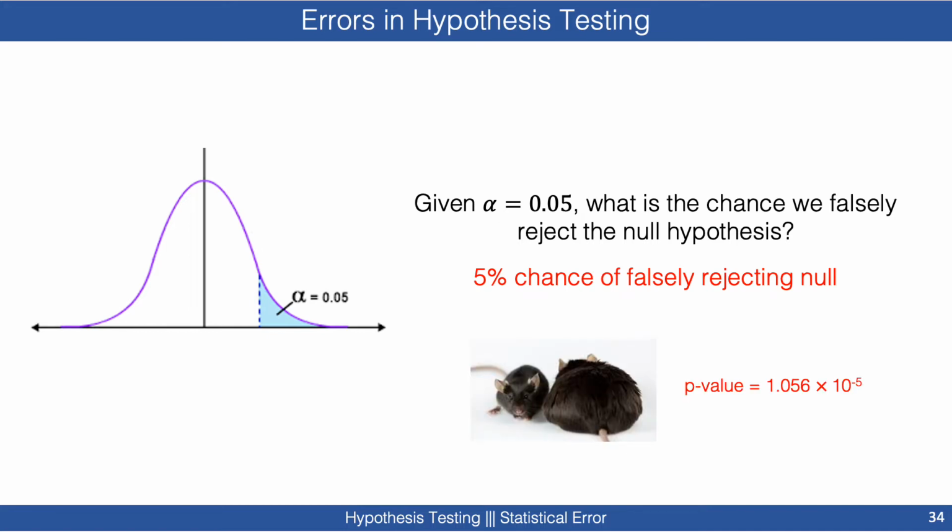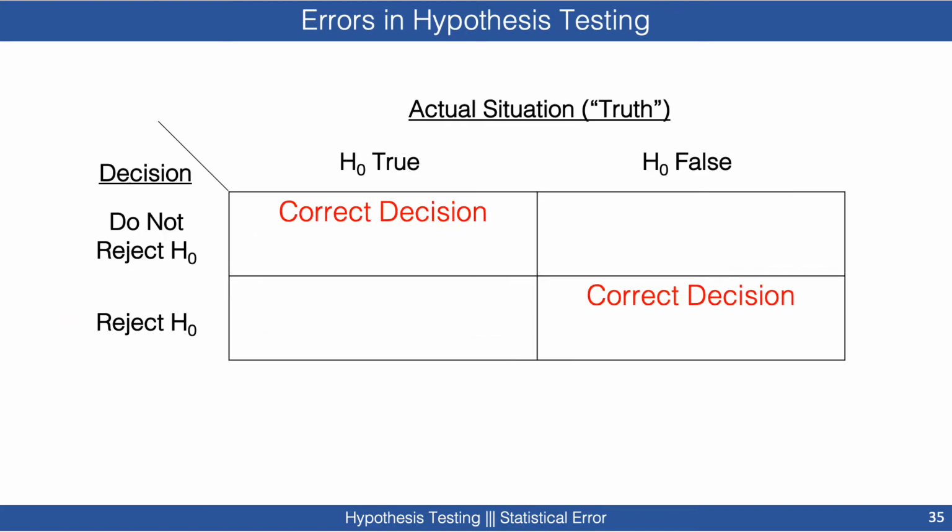So again, in our case, the value is so much rarer, so the probability of that false rejection is much lower. So what we really would like is to not reject the null hypothesis when the null hypothesis is true, and ideally our data will reject it when you should reject it.